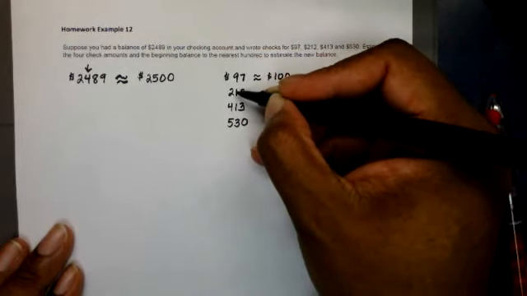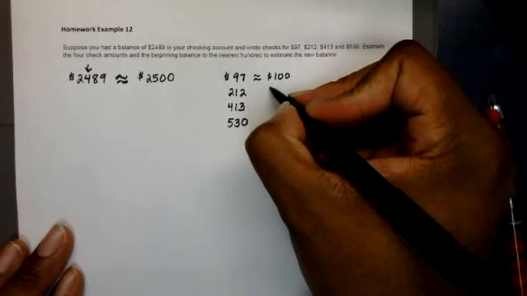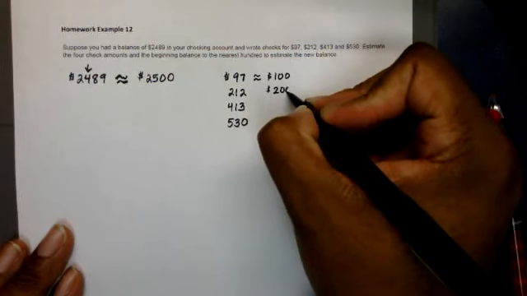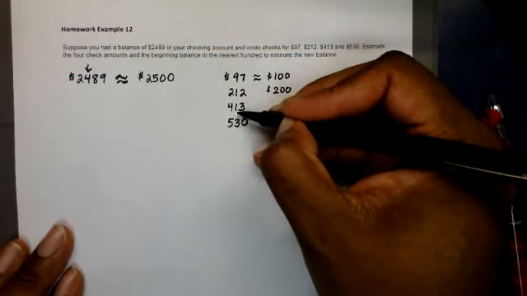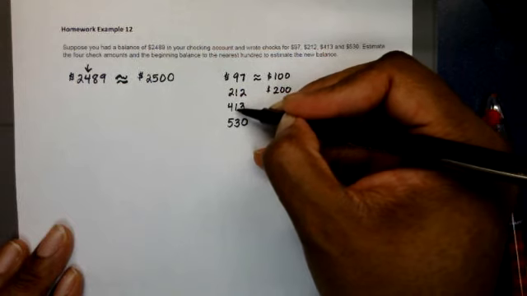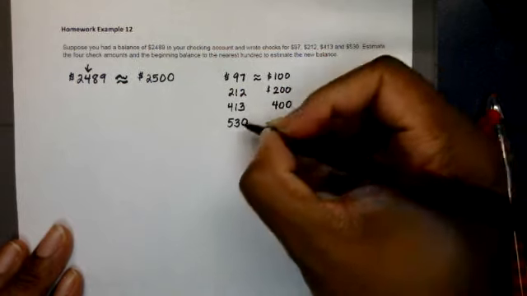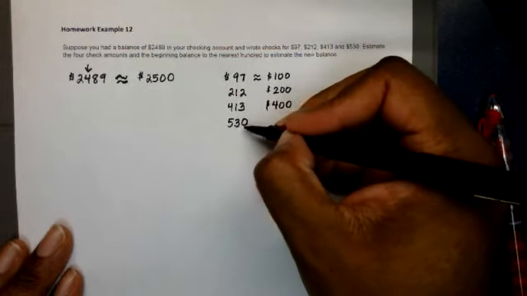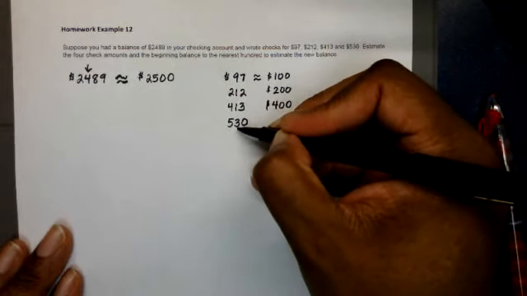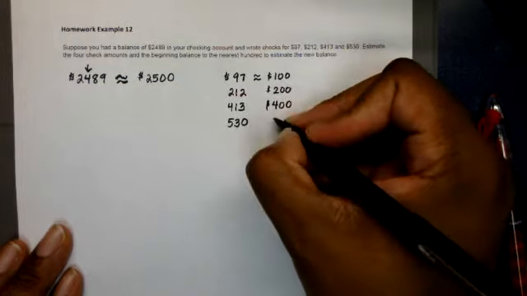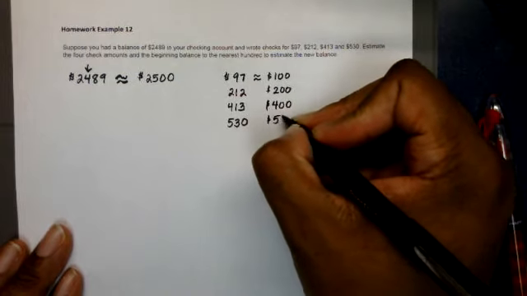The 1 is less than 5, so the 2 remains the same. That's $200. 413, the 1 is less than 5, so the 4 remains the same. And 530, the 3 is less than 5, so we round that off to $500.